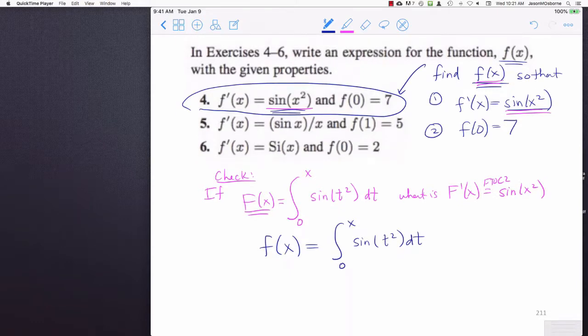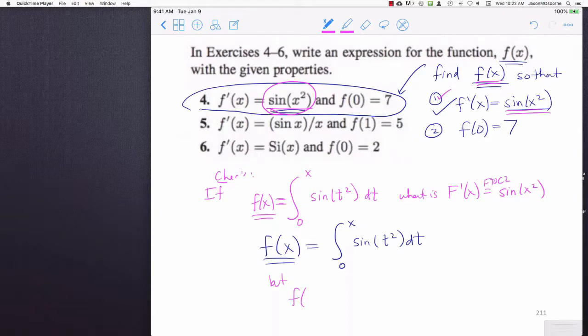That satisfies the first condition. You don't have to call it big F anymore, because the textbook wanted us to call it little f. Basically, we're looking for a function that you can take the derivative of to get this, and here is an example of it. So it meets the first condition.